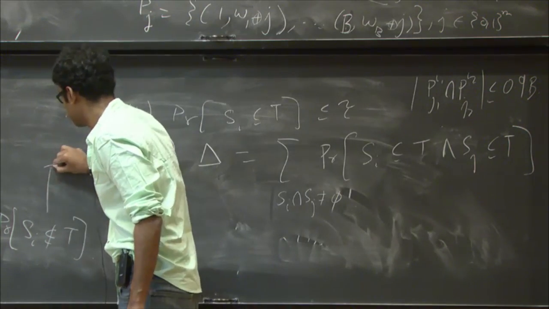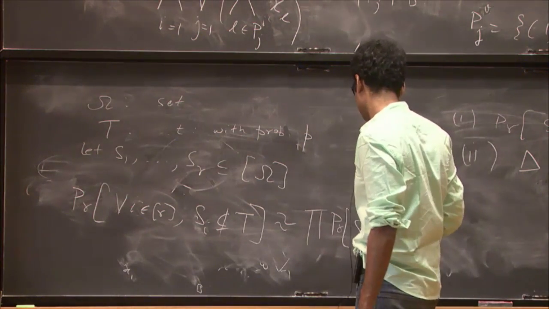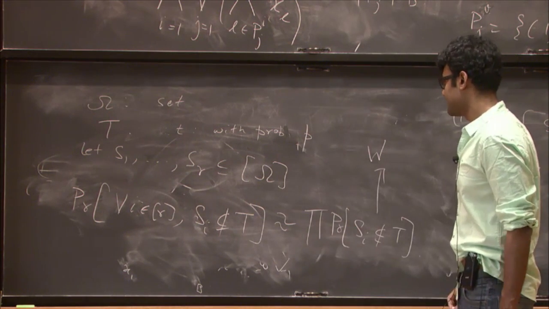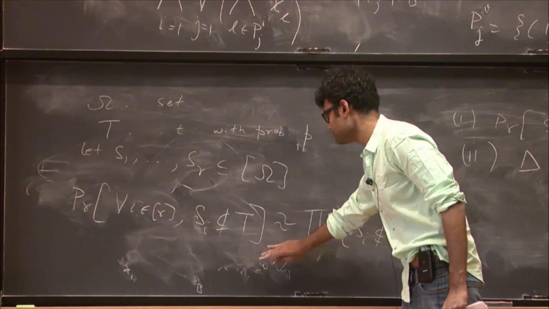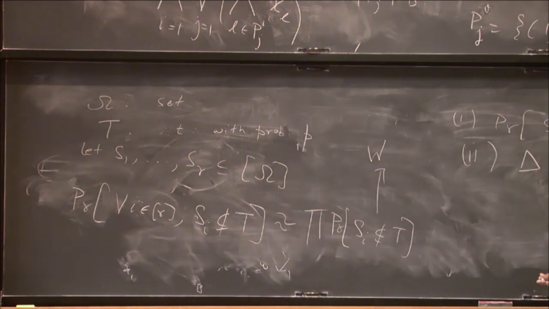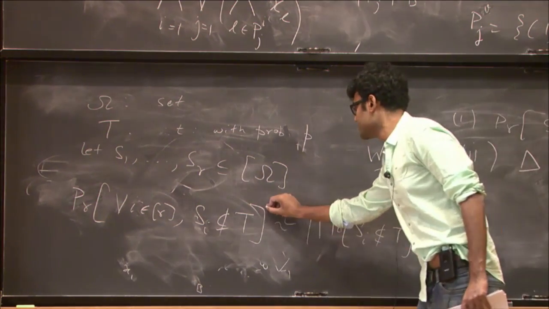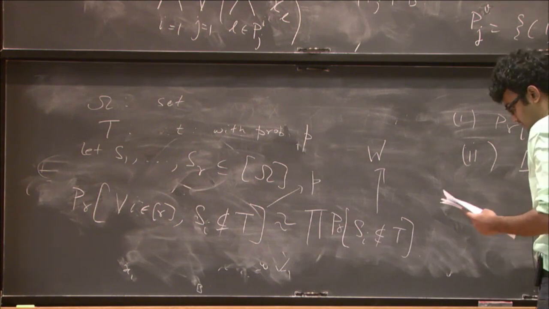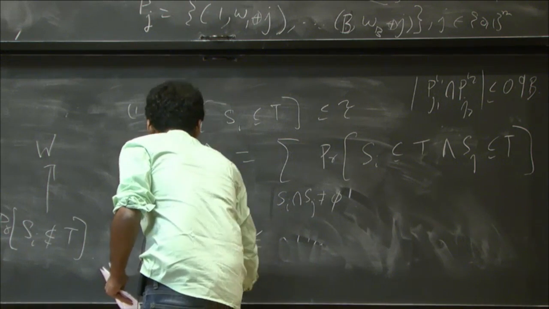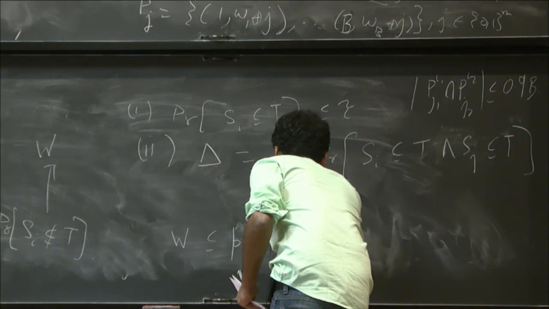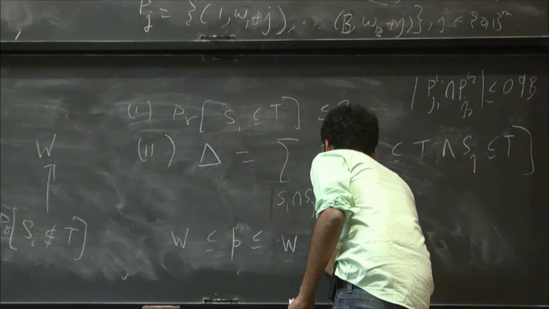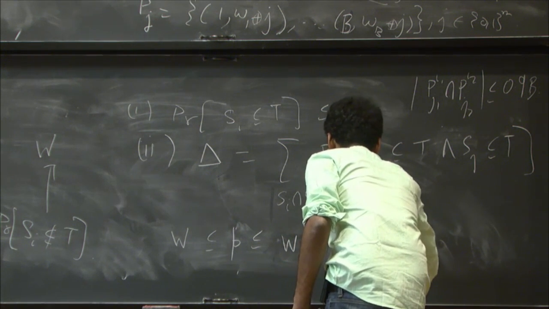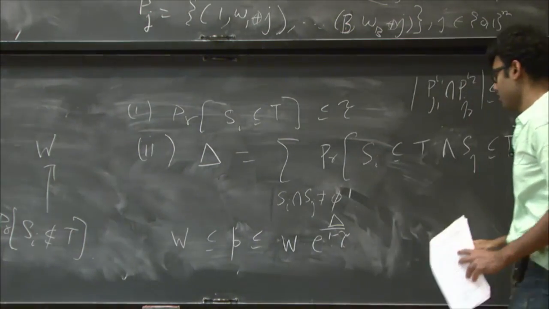If we call this some W, then Janson's inequality states that this probability P is at most the product bound divided by one minus tau.